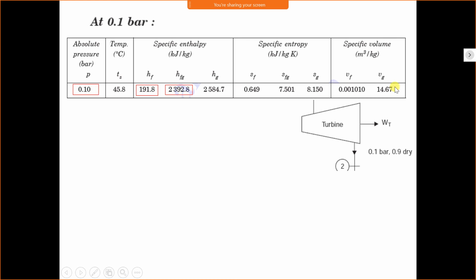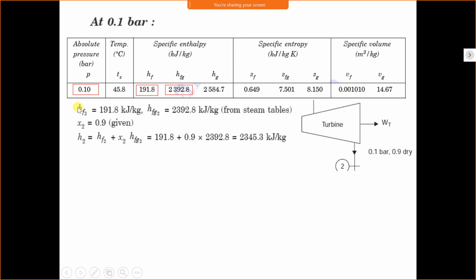At 0.1 bar, HF is 191.8, HFG is 2392.8 kilojoule per kg, and the formula of enthalpy is H2 equal to HF plus X HFG.